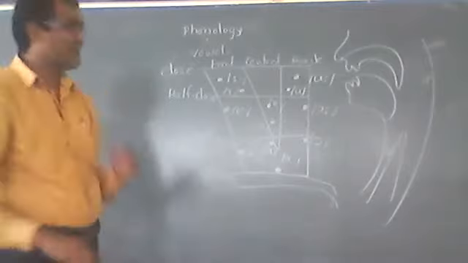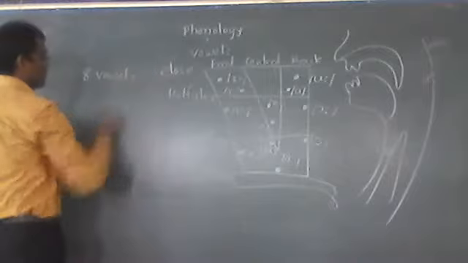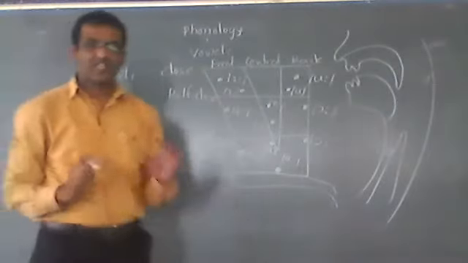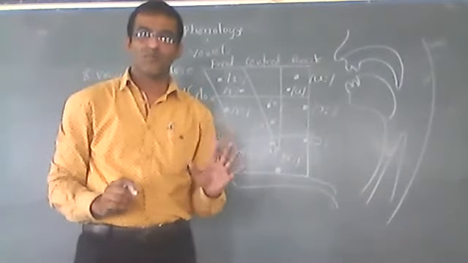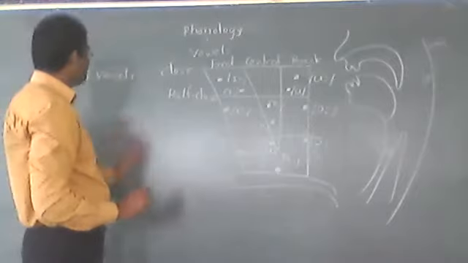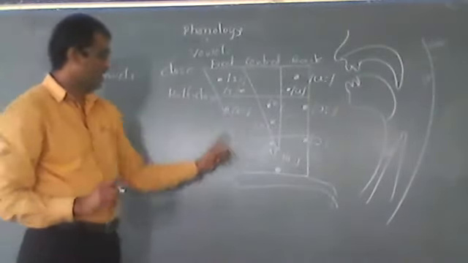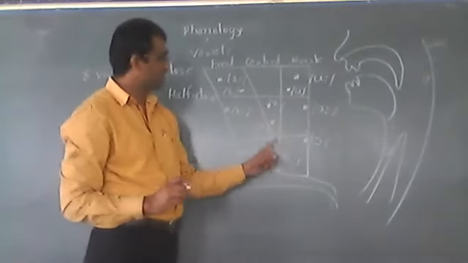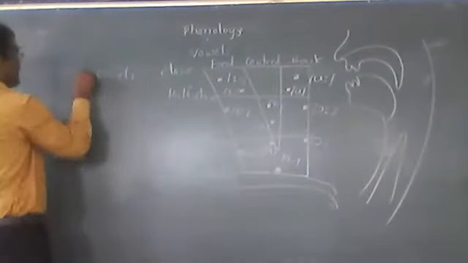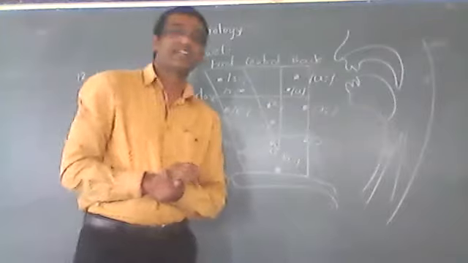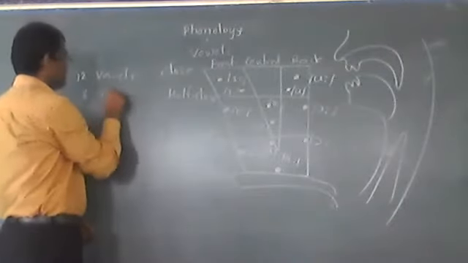In this way, these are the vowel sounds. We know these sounds are derived from five vowel letters. So we see here 12 vowel sounds, and 8 are again other vowel sounds.